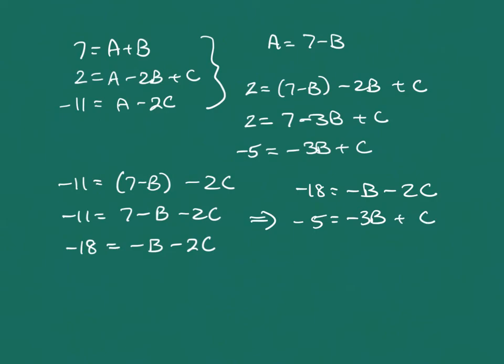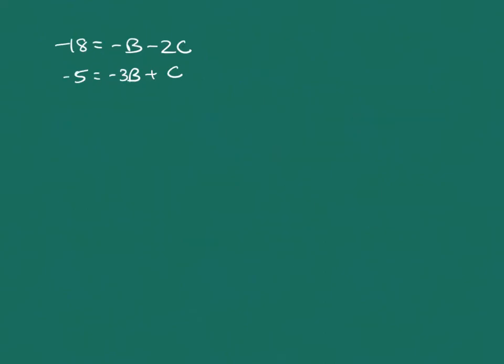So now with a 2 by 2 system, what can I do with that? Well, if I scale the second equation by a factor of 2, we can actually add things together and cancel terms. So we don't do anything to the first one, so minus 18 is minus b minus 2c.